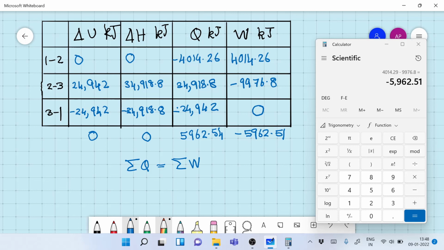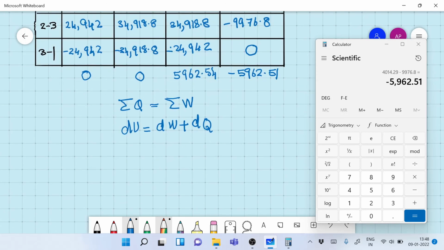And this is true for a cyclic process because for a cyclic process, if we apply the first law, dU is equal to dW plus dQ. And if we apply this law for the entire cycle, we get the summation of all the changes of internal energy for all the processes in the cycle, which should be equal to 0 since we start from state 1 and we end at state 1.